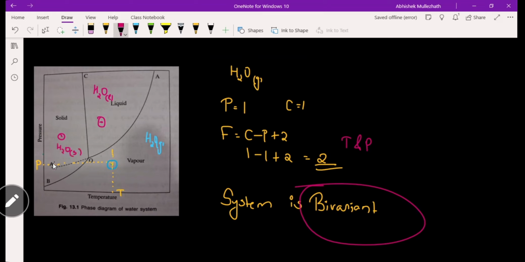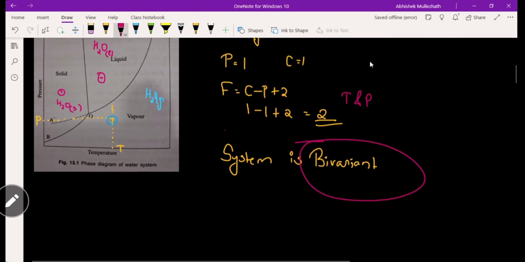Number of phases 1 because only solid is present; number of components again 1 because only water is present. So 1 minus 1 plus 2, you will get again 2. So at any point in the areas, you are going to get the degree of freedom as 2.